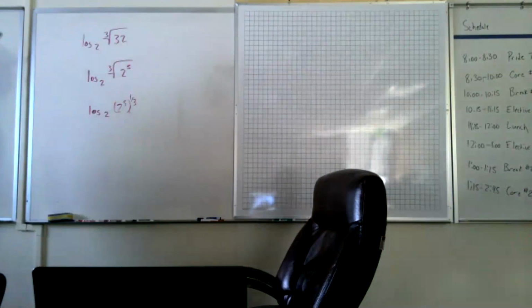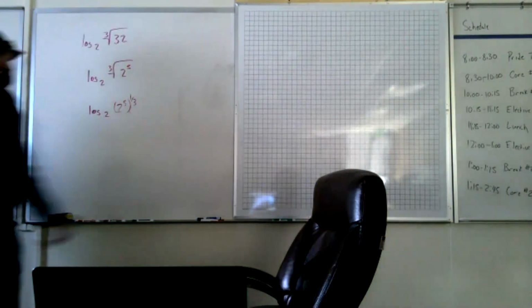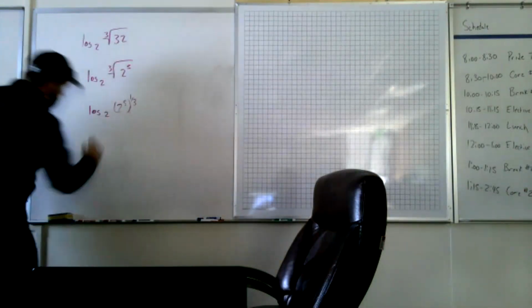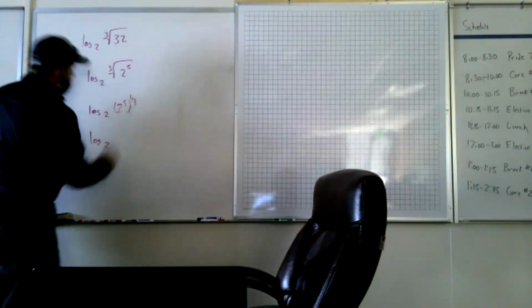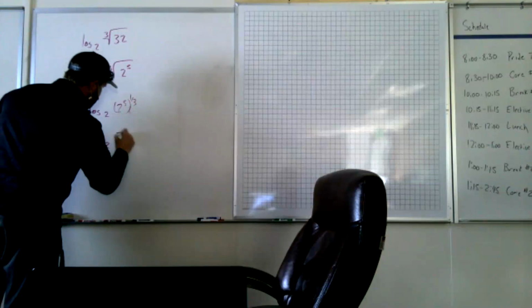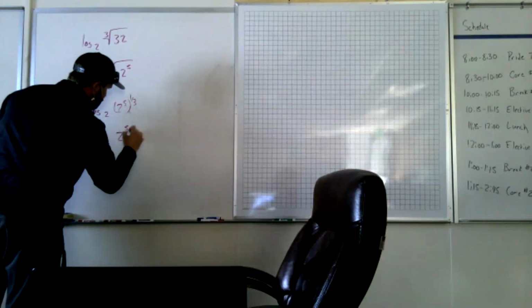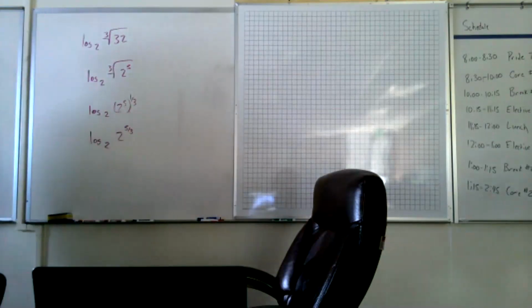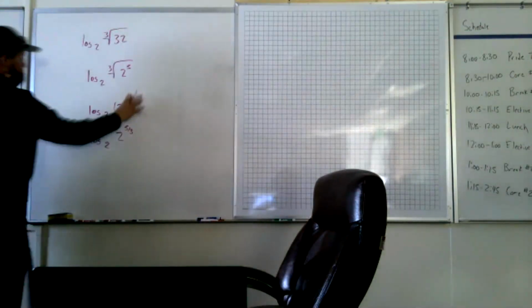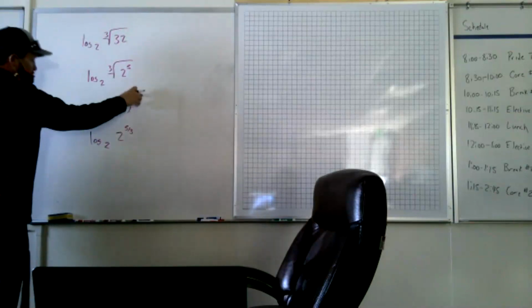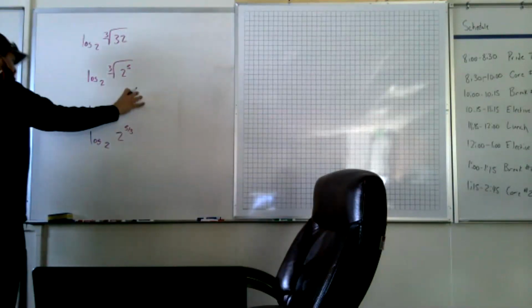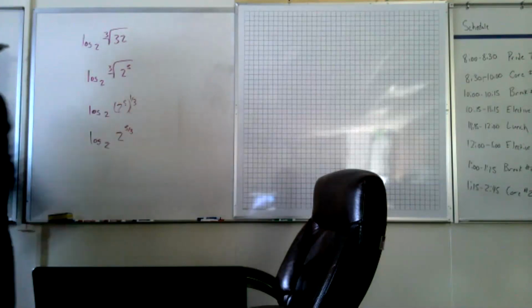Now I can use my power of a power property of exponents and multiply those so that I get the log base 2 of 2 to the 5/3. That's because of power of a power. I have 2 to the power of 5 to the power of 1/3. That allows me to multiply those exponents. That's how I got 5/3.